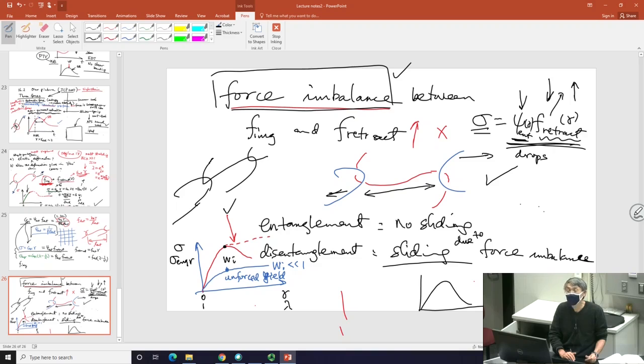So these are just a bunch of words so far, actually, all I have said. It, of course, emphasizes the point of force imbalance, start to remove some of the entanglement strands. Yeah, there were some strands no longer entangled with each other because they slide.